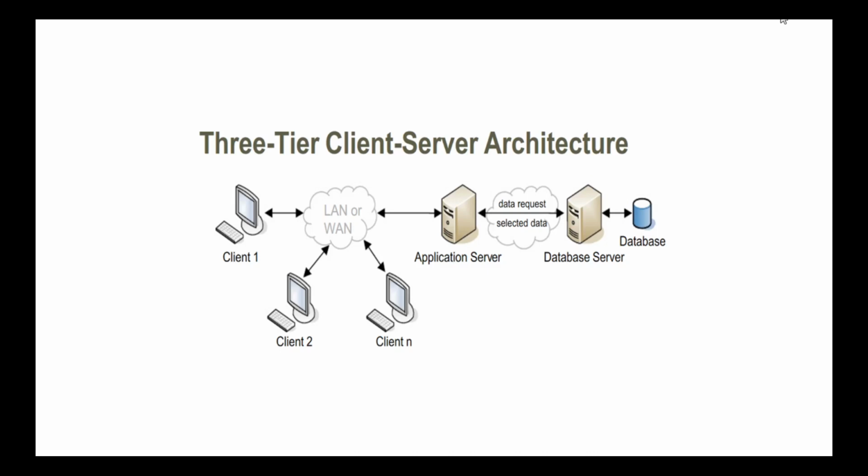The database server gives the selected data to the application server, and the application server presents your required data on the clients. This is how the process goes on in three-tier client-server architecture.